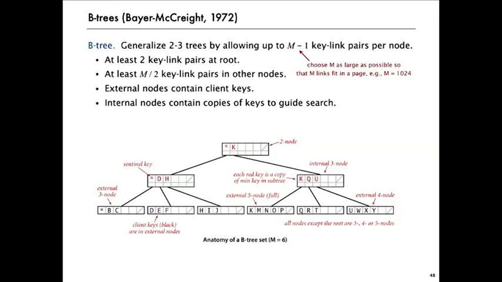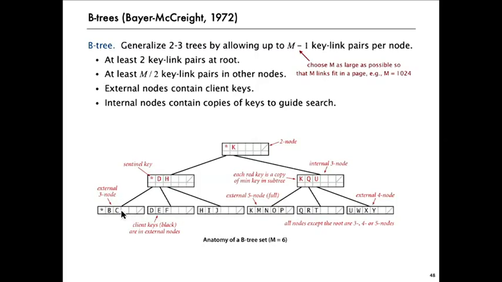And the only other restriction is that we don't want the nodes to get too empty. So we can have less than m, but we want to have at least m over 2. And as you'll see, this is a generalization of 2-3 trees that allows us to build balanced trees that are very, very shallow. Typically, these are set up so that all the data is in the external nodes.